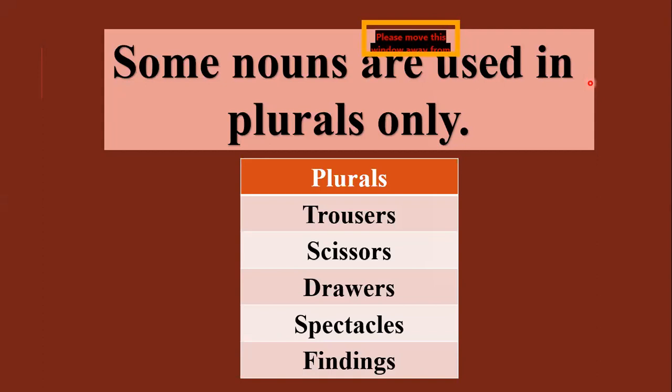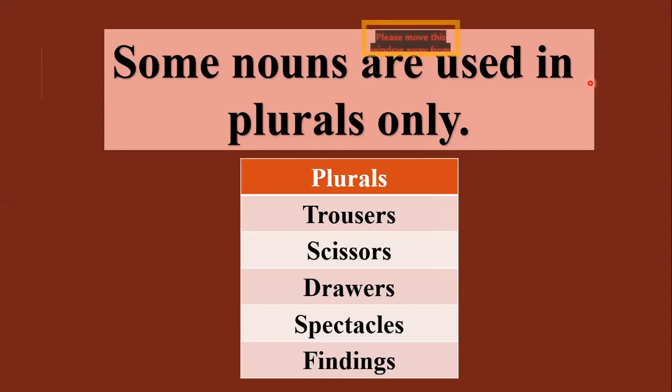Like I said, trousers and spectacles and scissors are always written in plurals. There are some nouns that are written the same in singular and plural, like sheep, series. If you say, Pakistan will have a series of matches, series stays series.